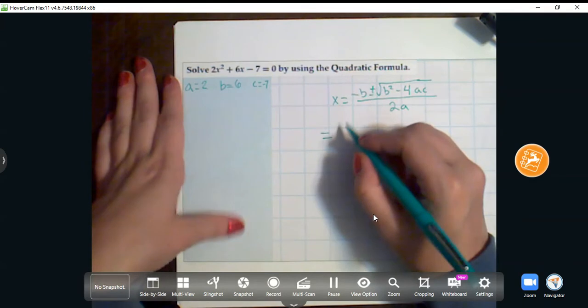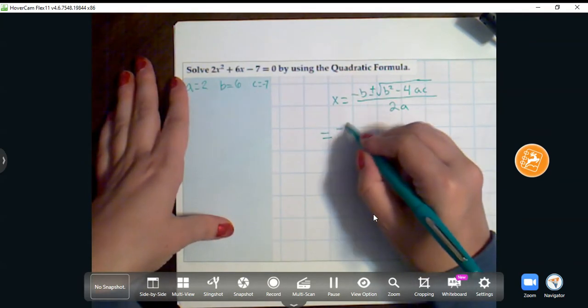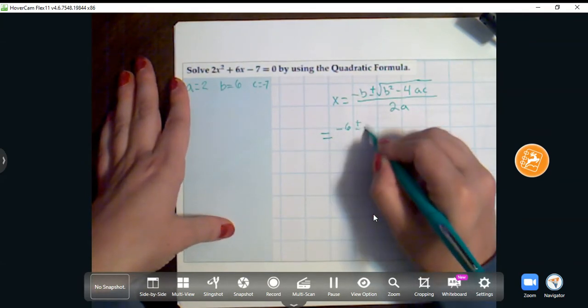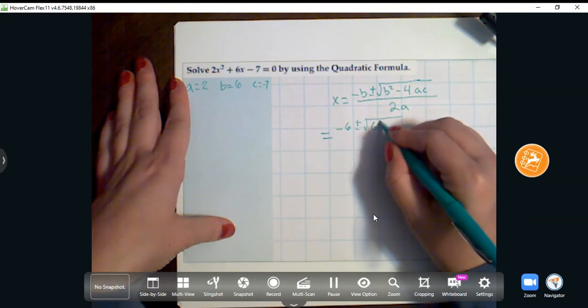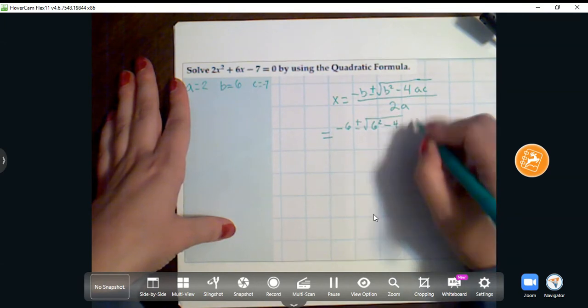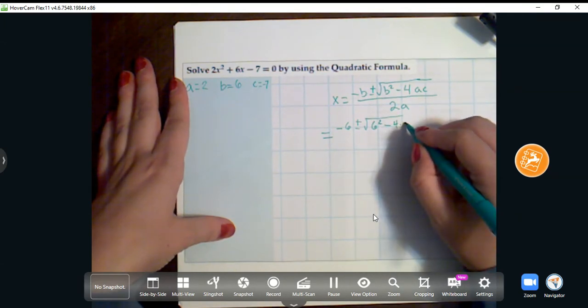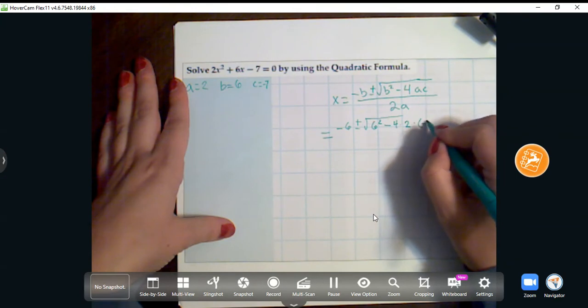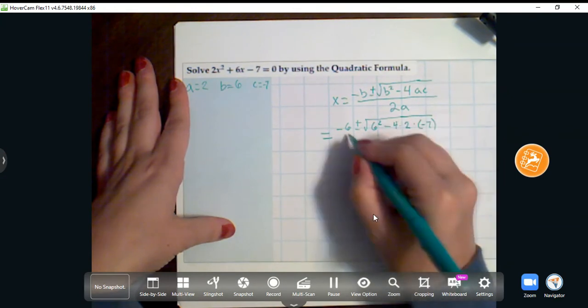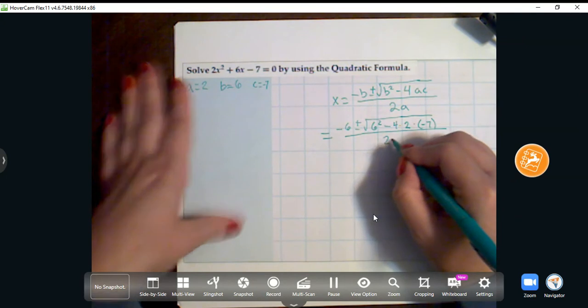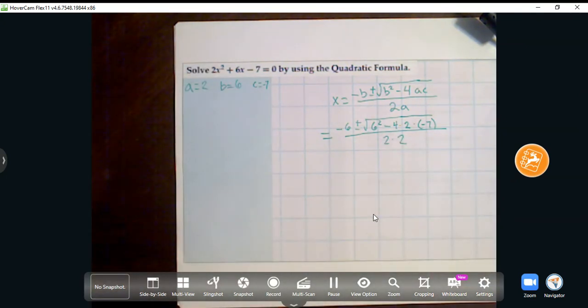So again, plugging in, we get negative 6 plus or minus the square root of 6 squared minus 4 times 2 times negative 7, all over 2 times 2. So again, we want to try and simplify everything as best as we can.